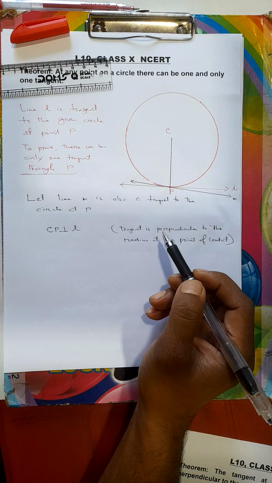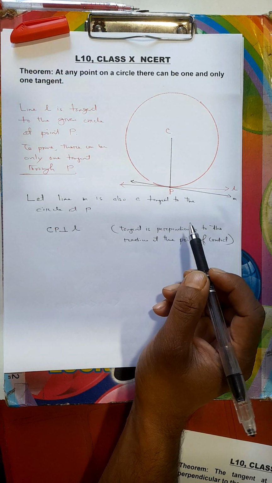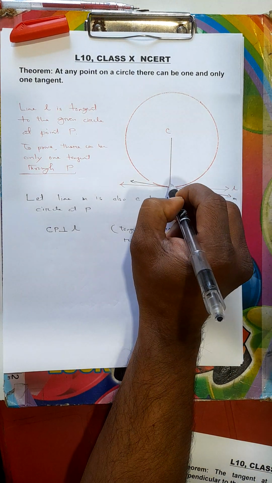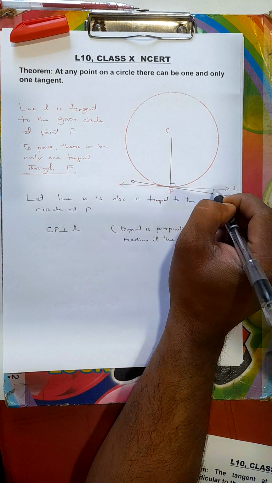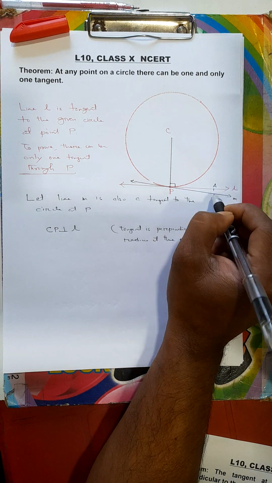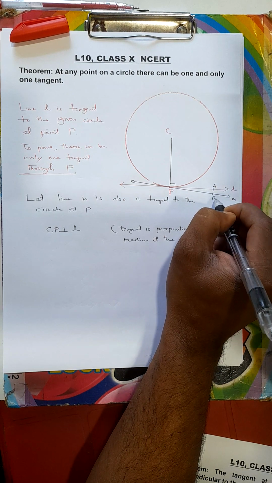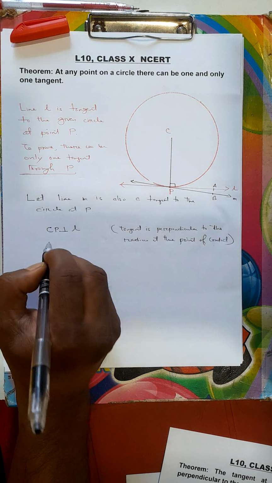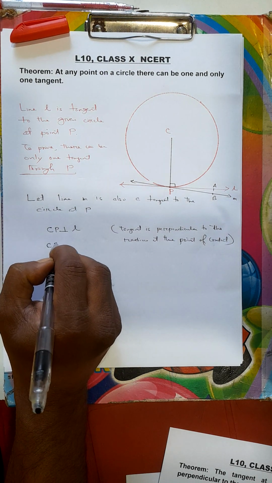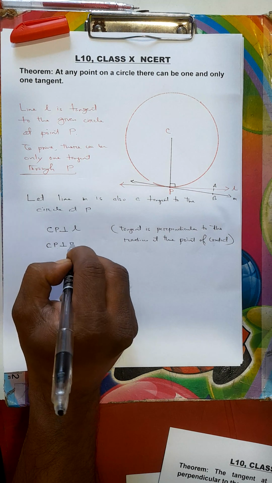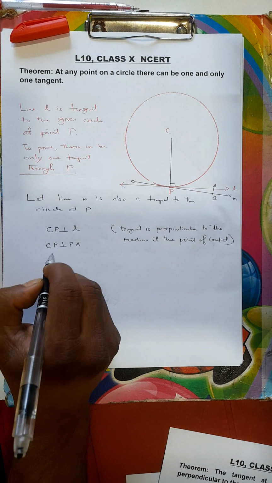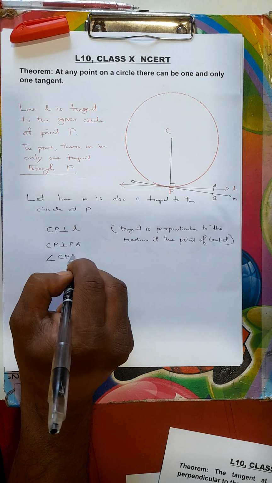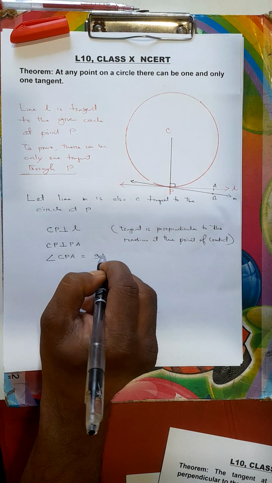Okay, this we proved in the earlier theorem. So this angle is 90 degrees. Say this is point A and you are taking point, say B, on line M. So CP is perpendicular to L. That means CP is perpendicular to PA. Right? So this gives angle CPA equal to 90 degrees.